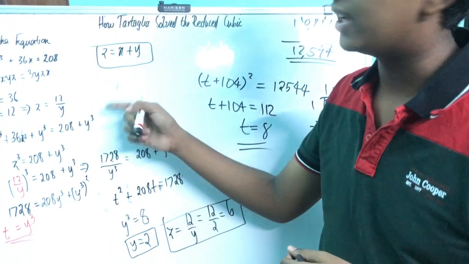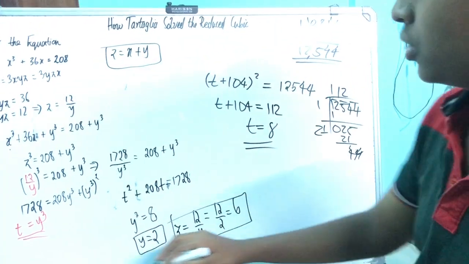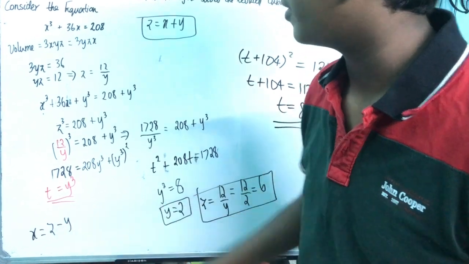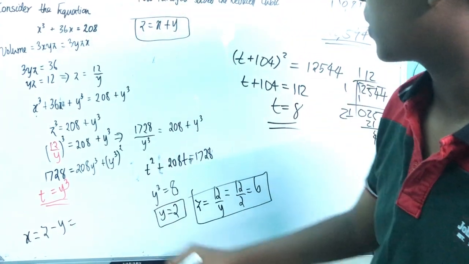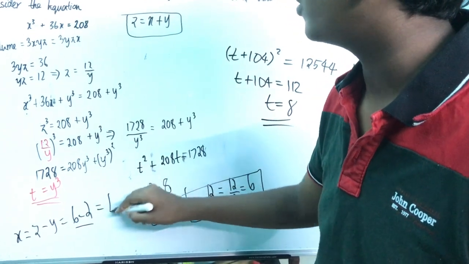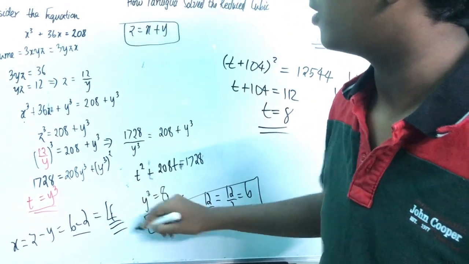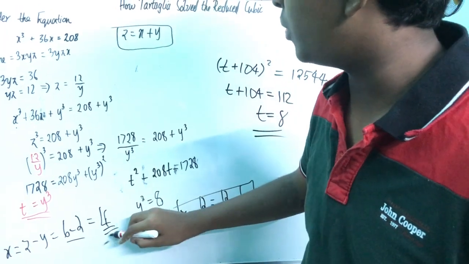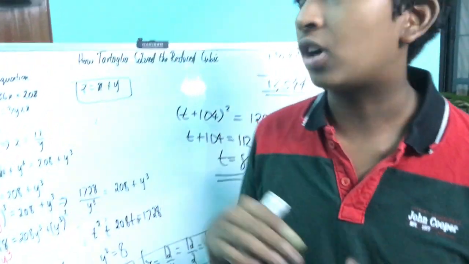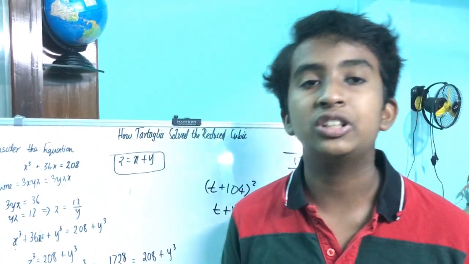So x is z minus y. So the value of x is equal to z minus y, which is equal to 6 minus 2 equals 4. So in the end we get that the value of x is 4, and this is how Tartaglia solved the depressed cubic equation.